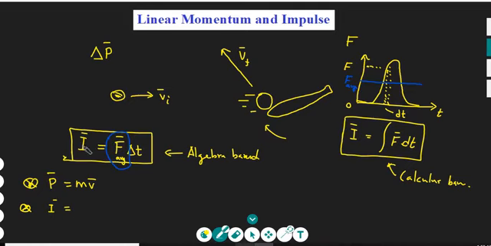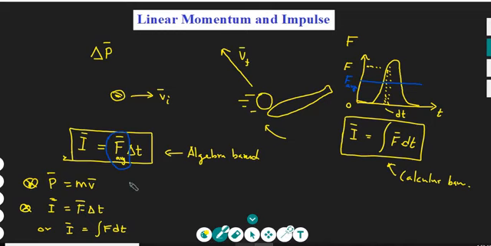Impulse is also, remember, a vector quantity, and we can define it like this, or in its integral form like that. Now if you look, the units of impulse and the units of linear momentum are the same.